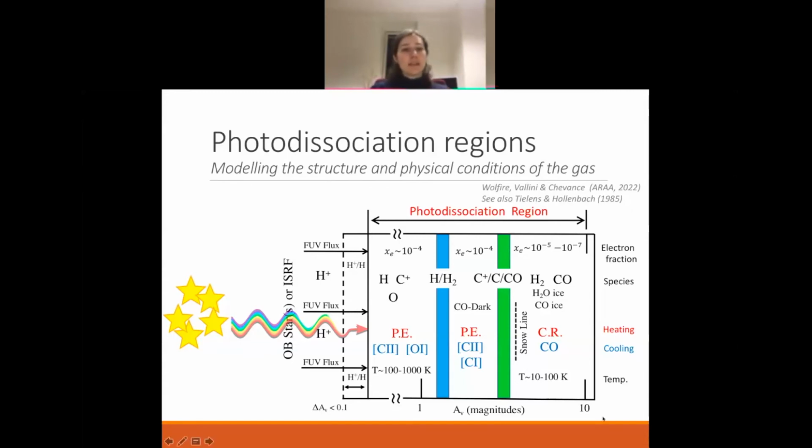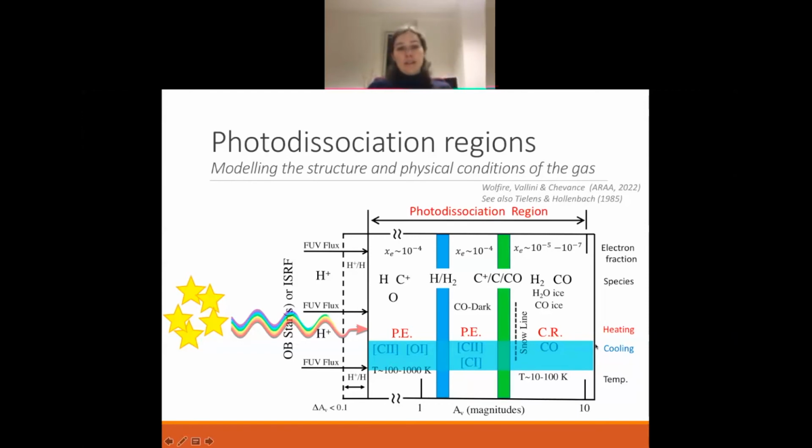This is a schematic showing that what we call the photodissociation region basically starts at the transition where the H plus dominated medium becomes H, so neutral hydrogen dominated. And the diagnostics that we can use to probe this medium are basically these lines: C2, O1, C1, and CO.